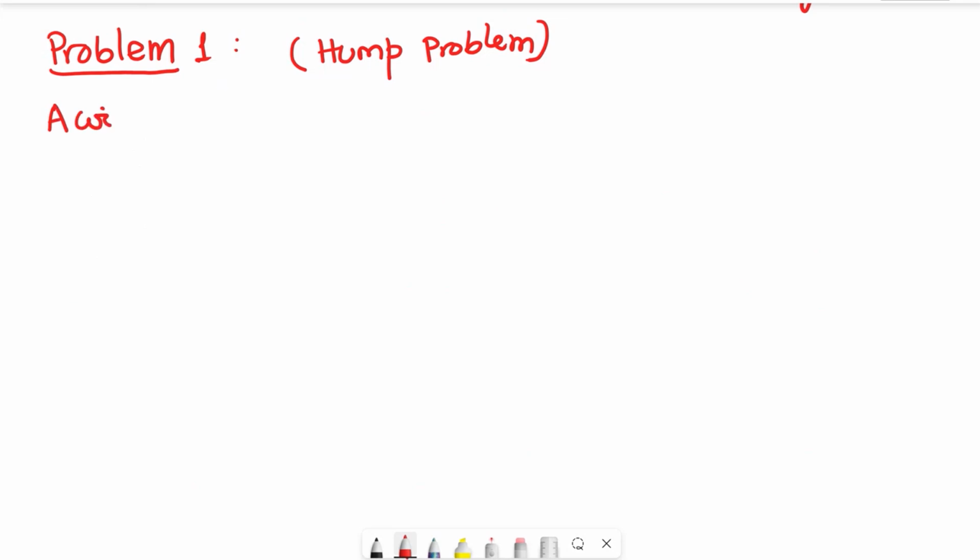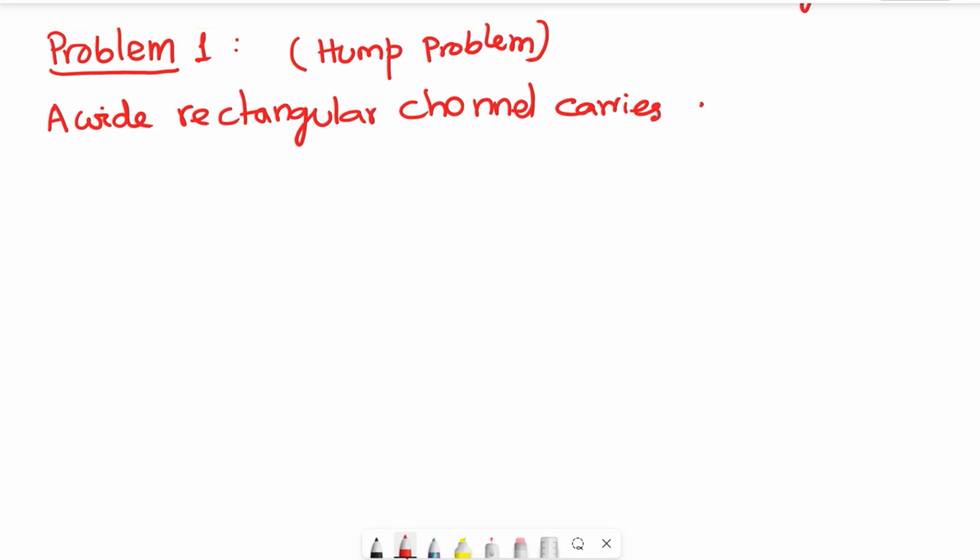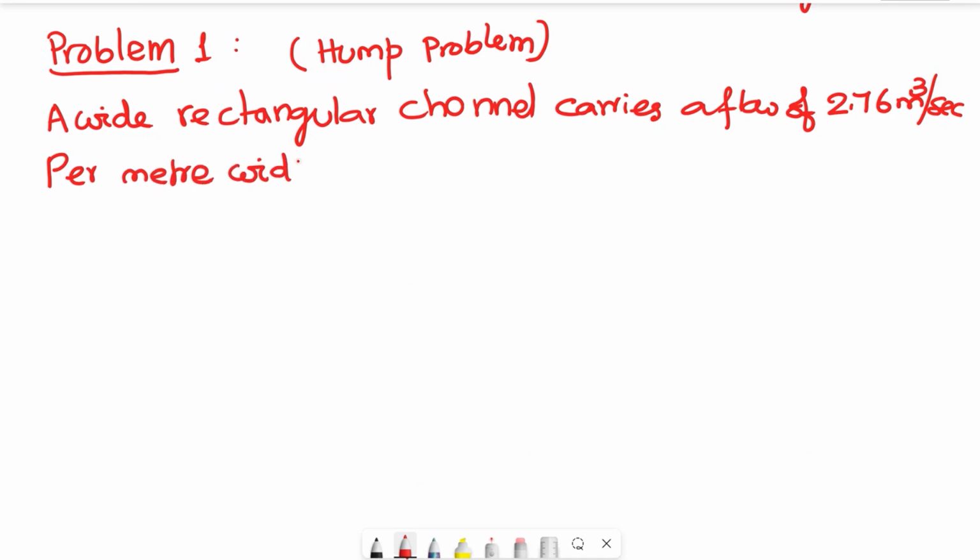A wide rectangular channel carries a flow of 2.76 meter cube per second per meter width. The depth of flow is 1.524 meters.